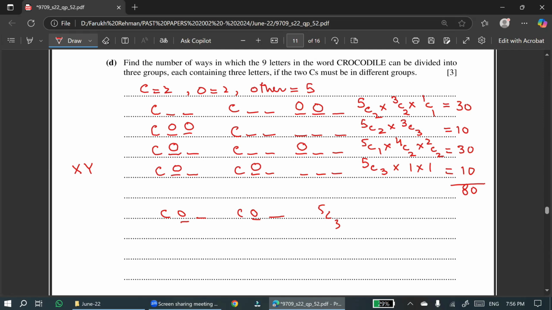Suppose that we have placed X in the first group and Y in the second group. Second option is we have placed Y in the first group and X in the second group. These two cases are one and the same.